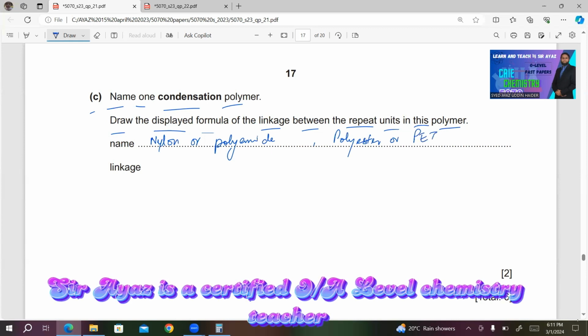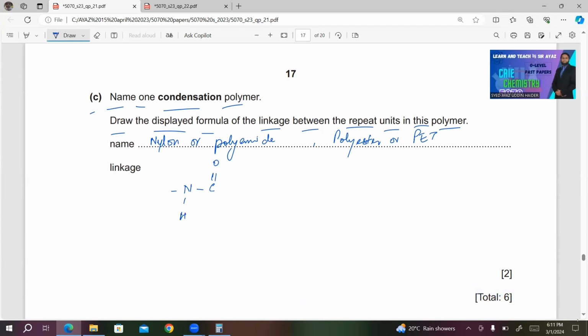For polyamide, show the linkage. This must be the linkage for polyamide: single bond H, single bond C, double bond O, single bond. What about polyesters? Polyester must contain single bond C, double bond O, single bond O, single bond. This must be the linkage found in polyester.